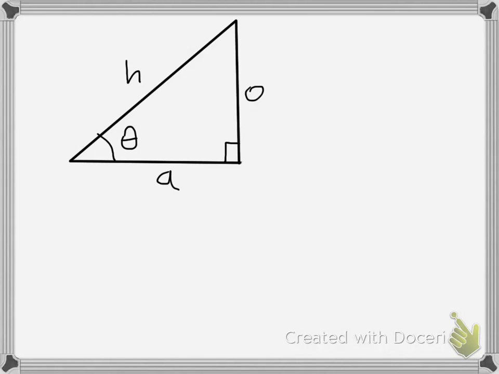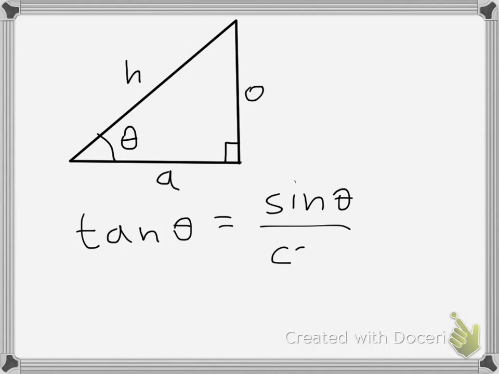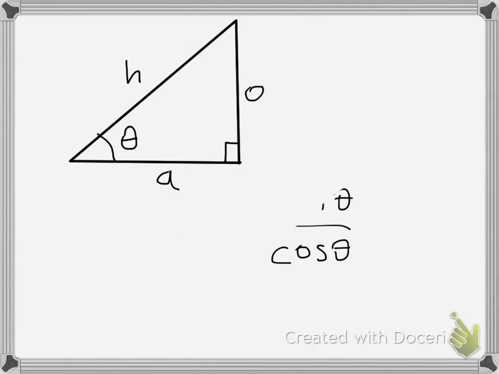For example, tan theta equals sine theta over cosine theta relates two or more trig ratios, and so it's called a trigonometry identity.